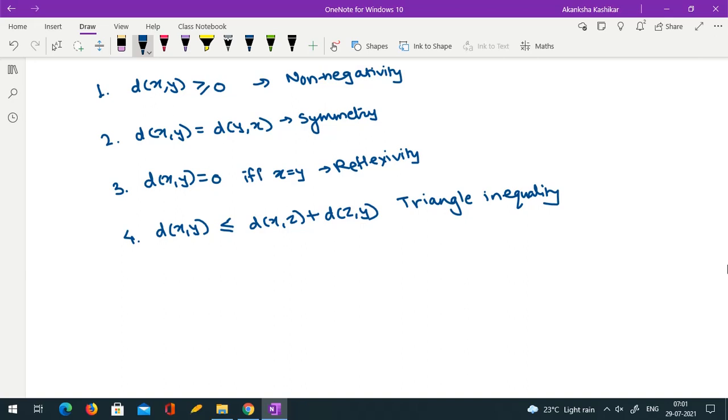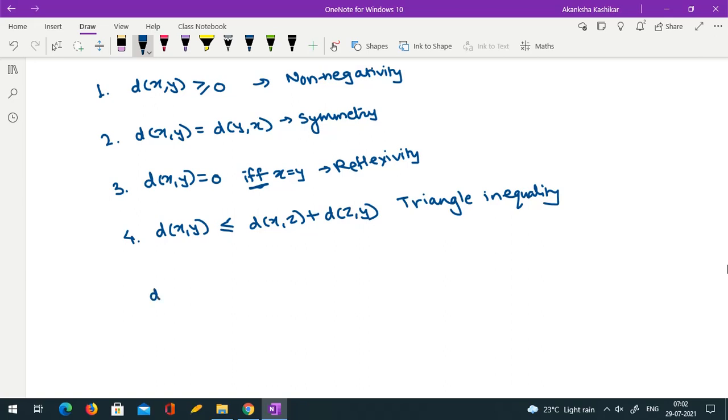It is also possible that the converse can be true. Correct. So this is actually if and only if. Distance xy is 0 if and only if x is equal to y. So these are 4 properties of the distance function, but we are still lacking at the basic step.